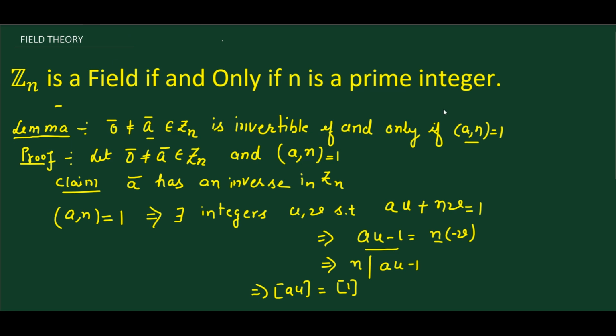Here we have used this result that the class of a is equal to the class of b if and only if n divides the difference of their representatives. You can use our previous notation here also: the class of au is equal to the class of 1.